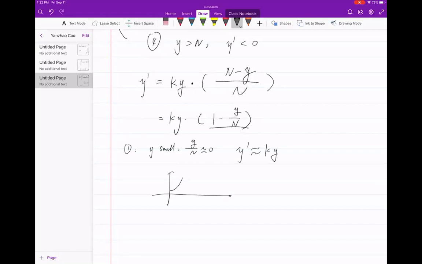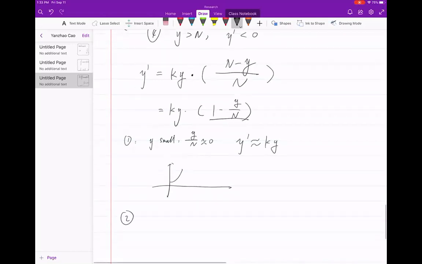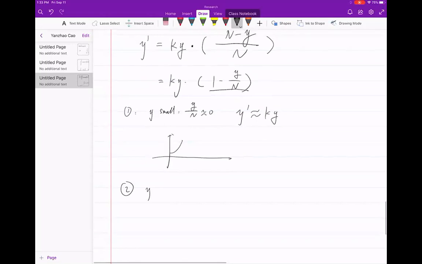Okay? Number 2, as y becomes bigger, y over N becomes bigger. 1 minus y over N becomes smaller. Therefore, y prime becomes smaller. Good so far?